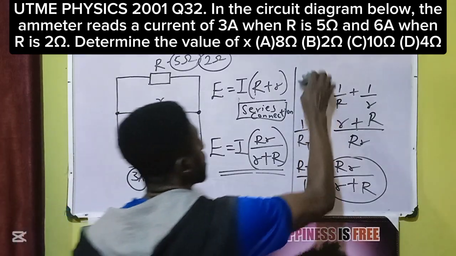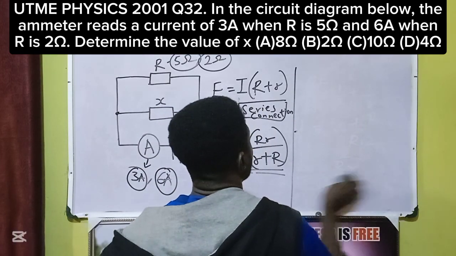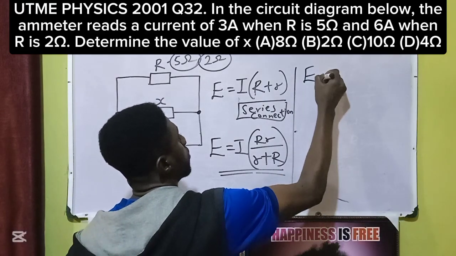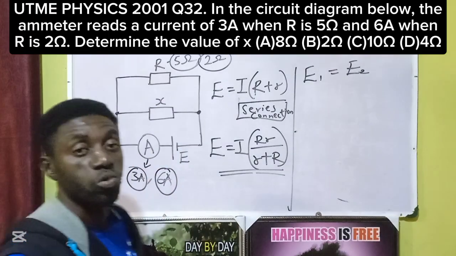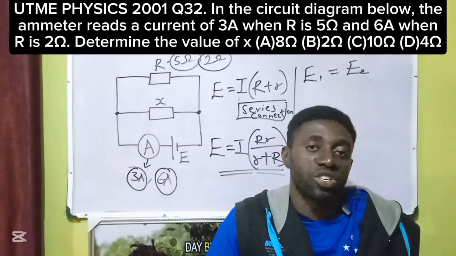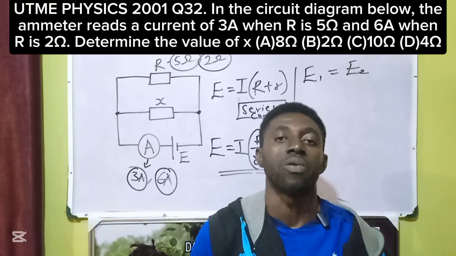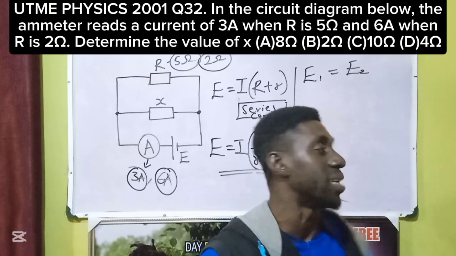Then we can now make a theory. The theory is: EMF in the first experiment is equal to EMF in the second experiment. That's true. The cell never changed. The EMF of the cell remained the same in both experiments. What was changing is the current and the resistance.